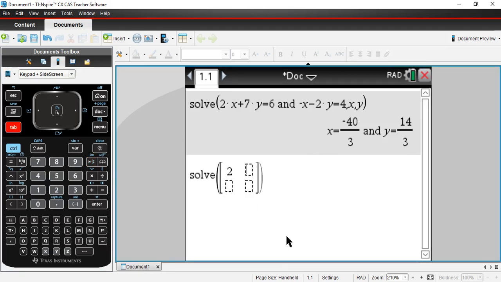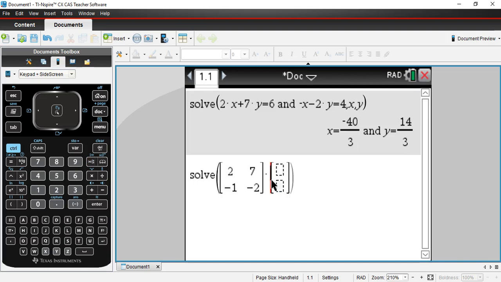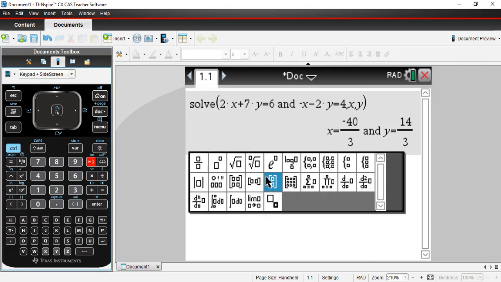So we have 2, 7, negative 1 and negative 2, multiplied with an x and y matrix, equals another 2 by 1 matrix, 6, 4, comma. I'm solving for x and y.